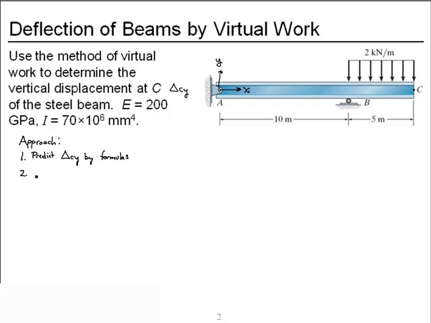Then we'll move on to the virtual work method, so we'll need to get the moment equations for the beam due to the real loads, and then the moment equations from the virtual load.